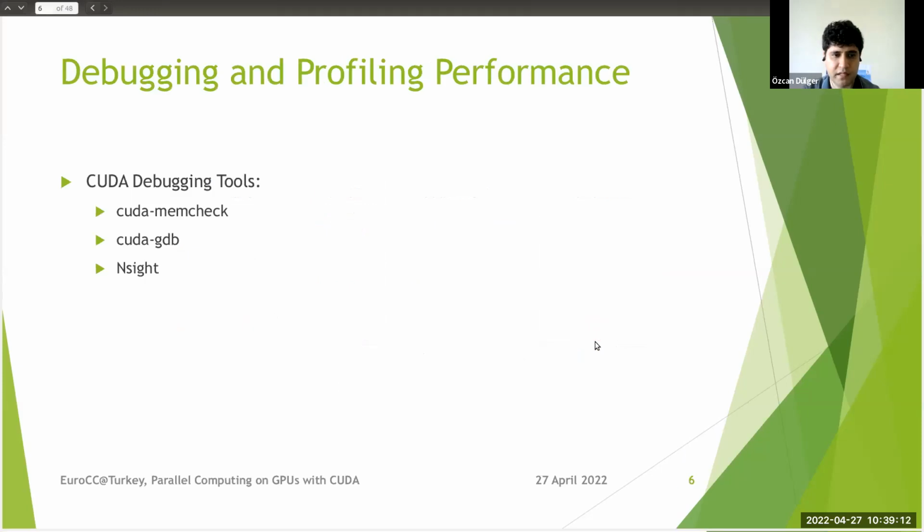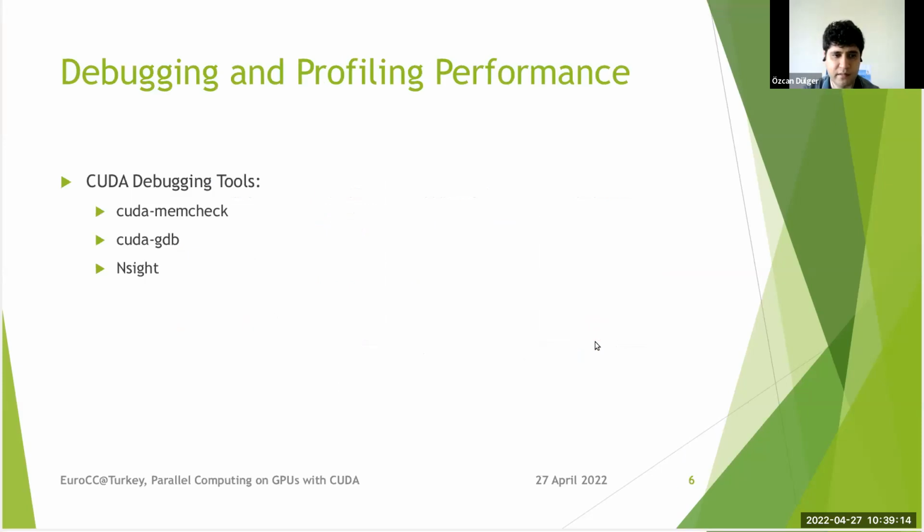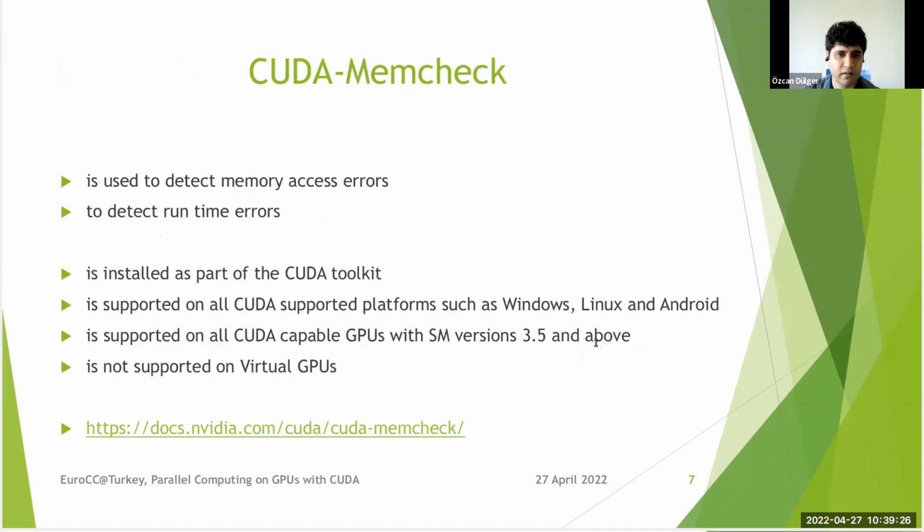Let's start with debugging tools. There are mainly 3 debugging tools. These are CUDA memcheck, CUDA GDB, and Insight. I will tell you the first 2 of them, CUDA memcheck and CUDA GDB, today. Let's continue with CUDA memcheck. It is used to detect memory access errors, and it is used to detect runtime errors.